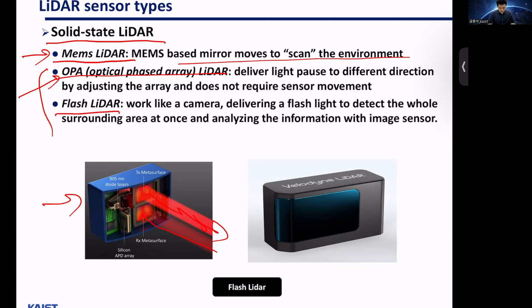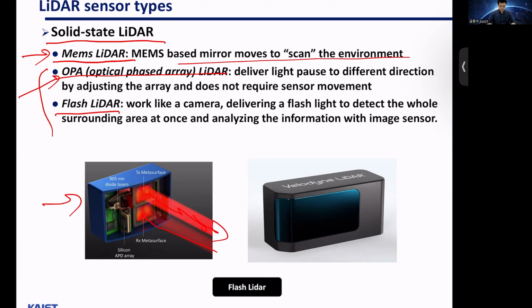Flash lidar also seems very promising, but similar to OPA lidar companies, there are working models, but they tend to have very low resolution, and the range tends to be very short.